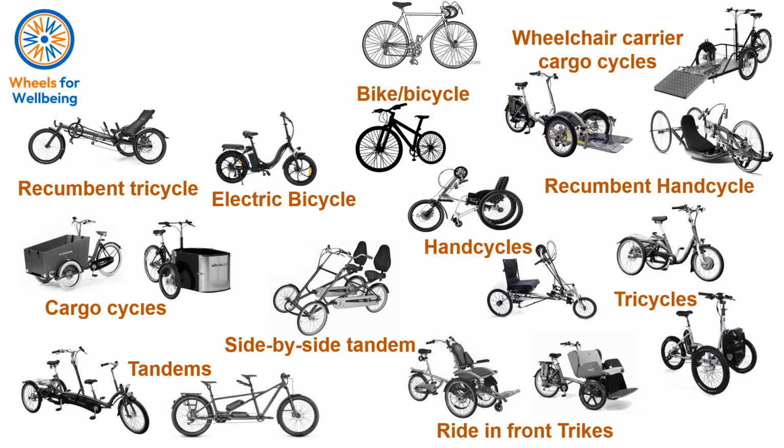Sometimes there's 1 wheel at the front and 2 at the back, and that's called a delta tricycle. And then there are tricycles that have 2 wheels at the front and 1 at the back, and that's called a tadpole because it's more or less the same shape as a tadpole.